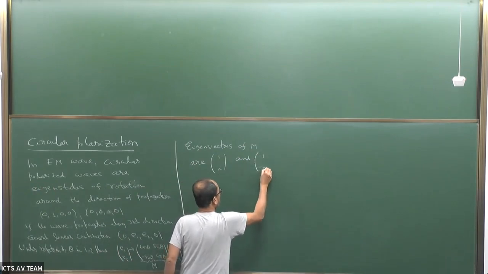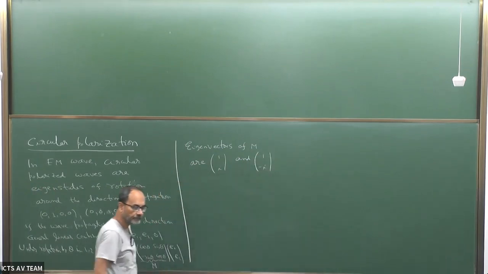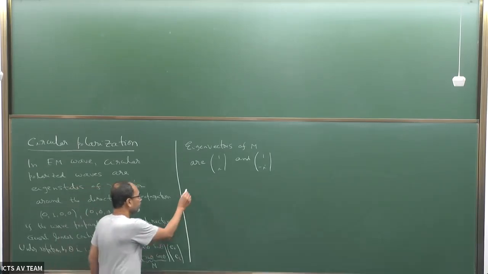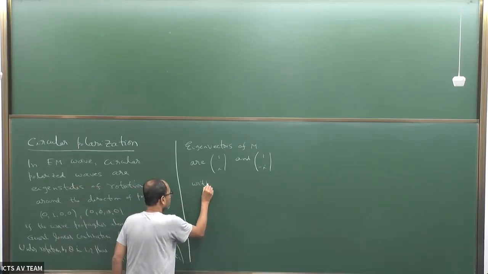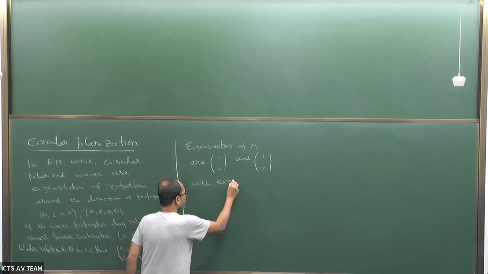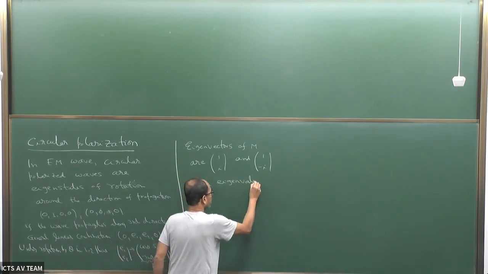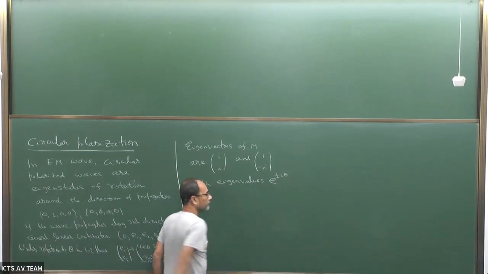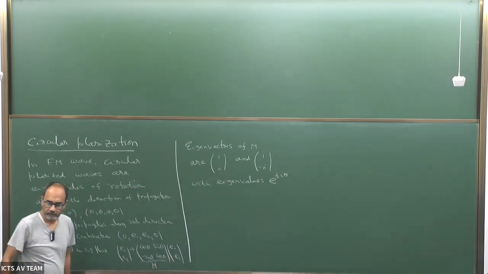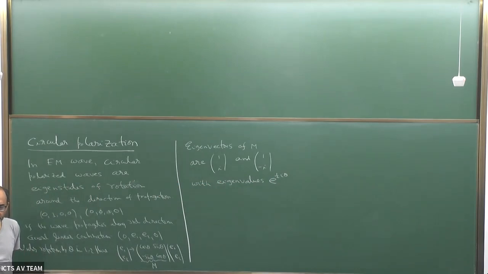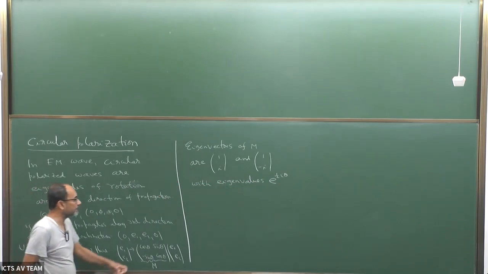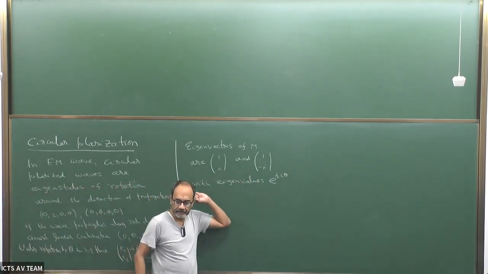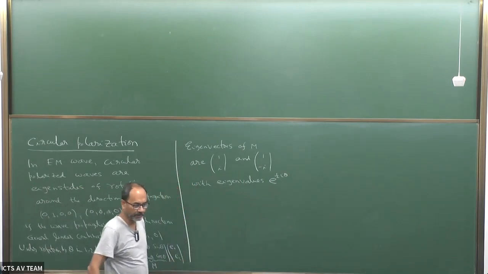This I'll not do, you can easily check it, with eigenvalues. Is this okay? This is what we call the circularly polarized wave, right and left circularly polarized wave.